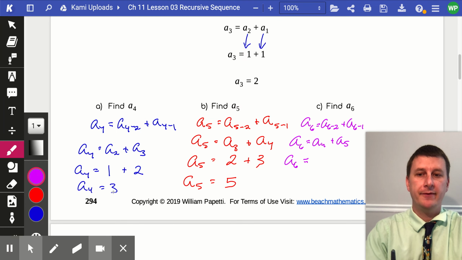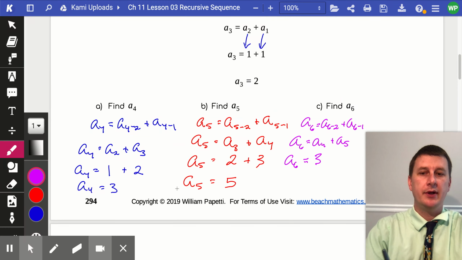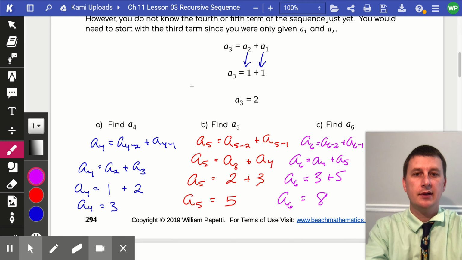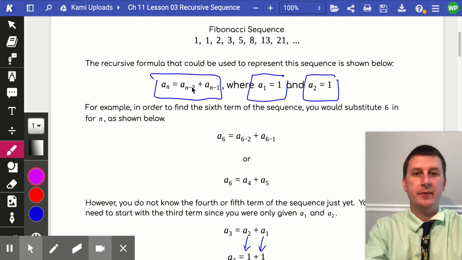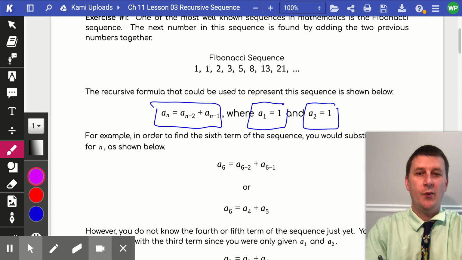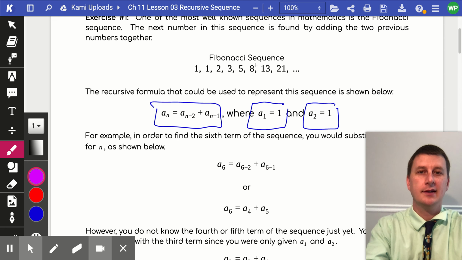We know that a sub 4 is equal to 3, and a sub 5 is equal to 5. So 3 plus 5 gives us a sixth term of 8. Now we have 1, 1, 2, 3, 5, 8 for our Fibonacci sequence. If we go back up to what our Fibonacci sequence is, it's 1, 1, 2, 3, 5, 8.